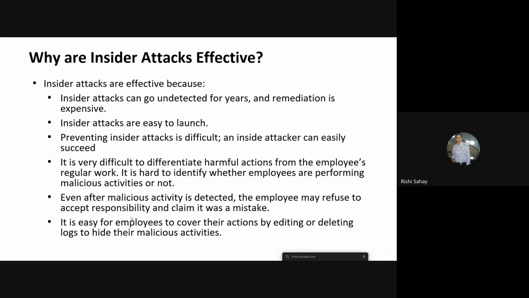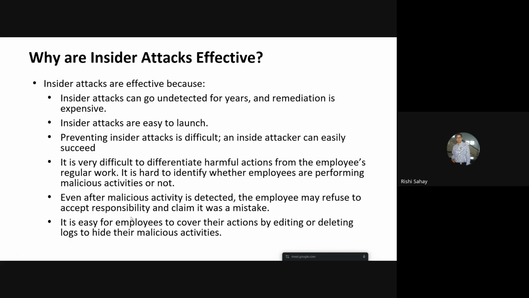So an insider attack is effective because a lot of the time we don't know what's going on, and maybe your security tools will not detect it because the person already knows how to bypass those security tools, or how your topology is and how we can bypass that. So it may be undetected for a long time, and the organization will not know, and it is very easy to launch also.